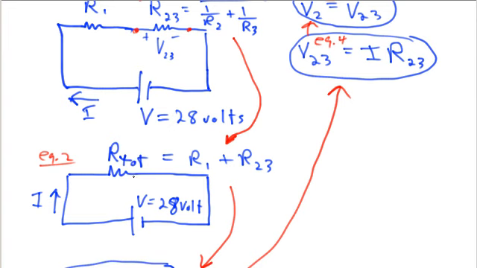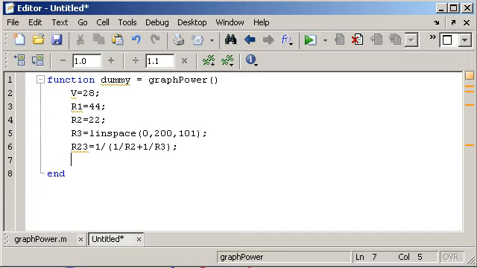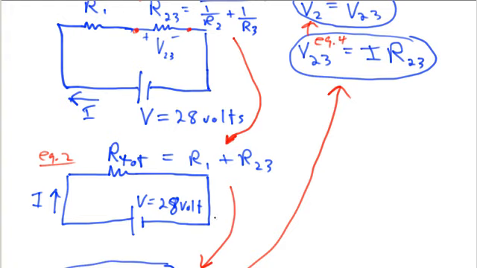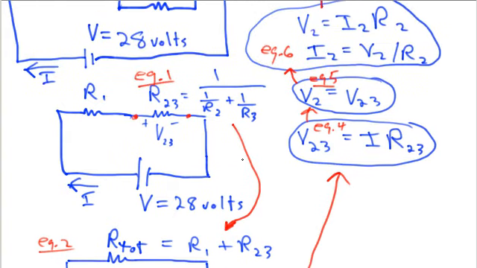So the next one is R total is R1 plus R23. R tot equals R1 plus R23 semicolon, then what? Equation 3.